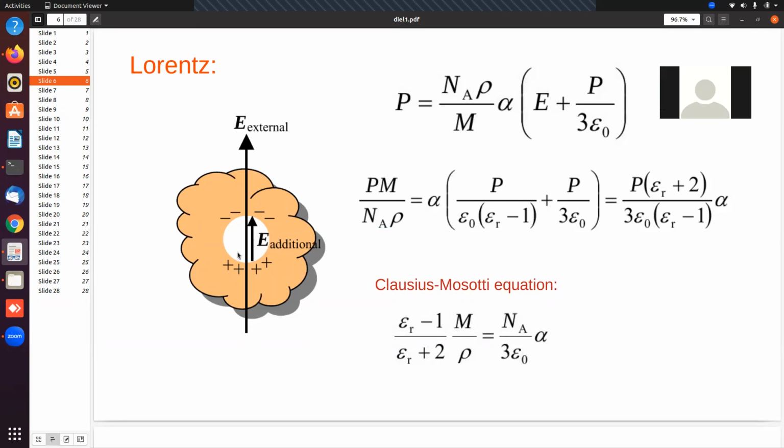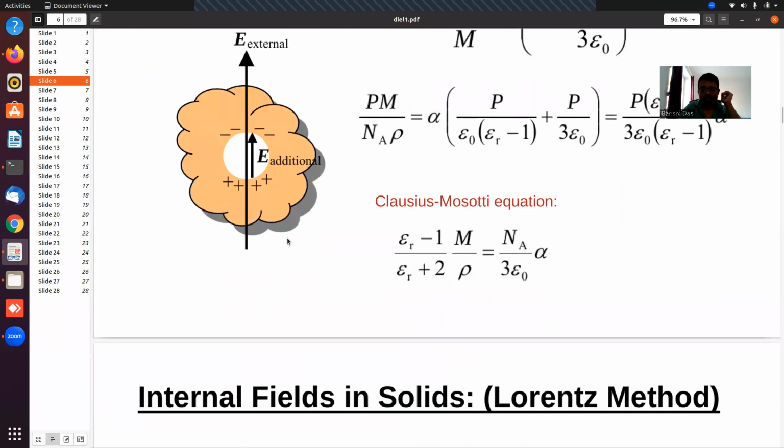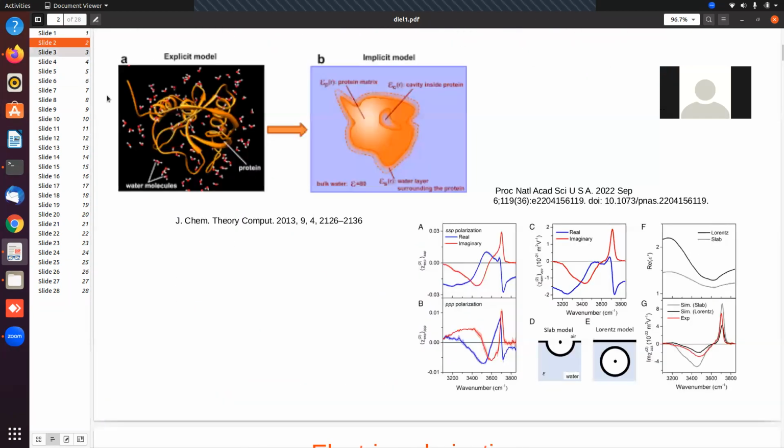Can you quickly explain the inhomogeneity concept that you are saying? You are differentiating between these two.